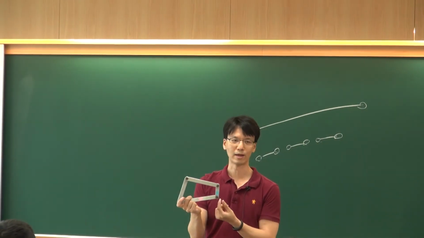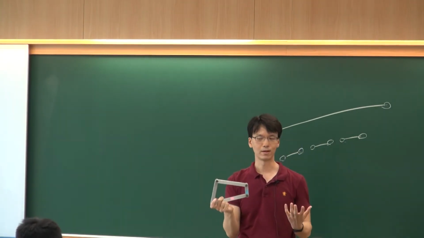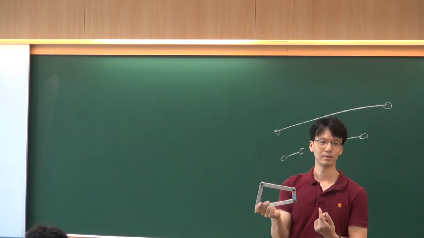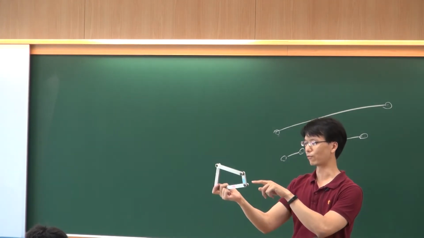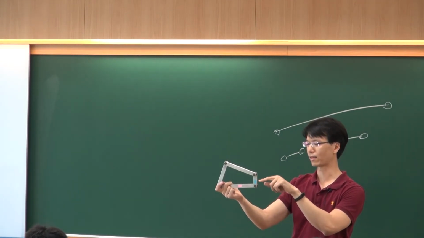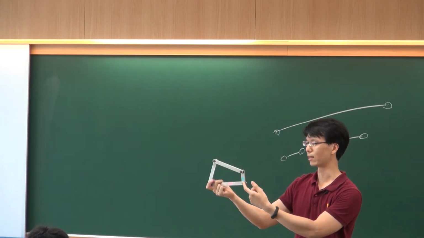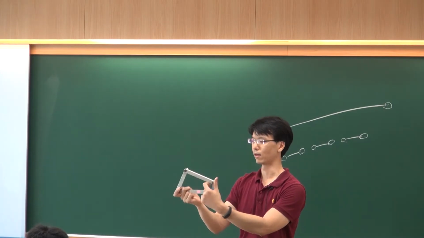I may install an actuator to drive this mechanism. Then what type of driver can I use to drive this mechanism? Should be a motor, right? I'll install a motor, fix on this ground link and attach to this shortest link. And so I can make this one move in this way and this one swinging.